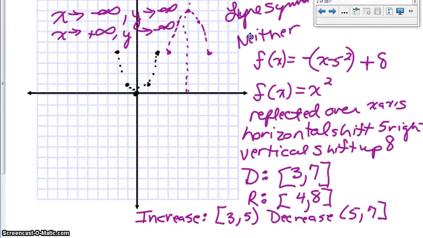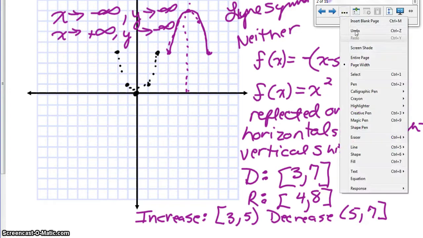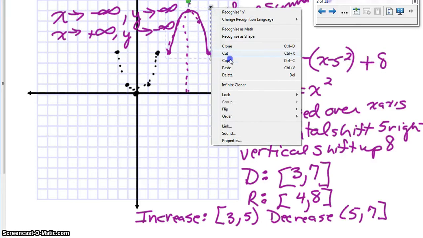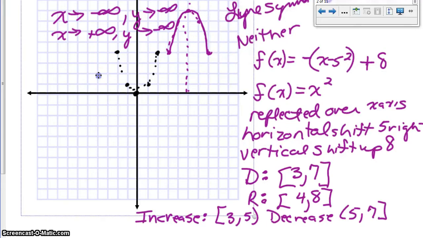Okay? All right. Well, what else do I need to know? Looks pretty good to me, Mrs. Rose. Now, of course, remember, it's not perfect because it's on the smartboard, but I do expect yours to be perfect. Now, what if Mrs. Rose just wanted to do this? Let me just go ahead and copy this.